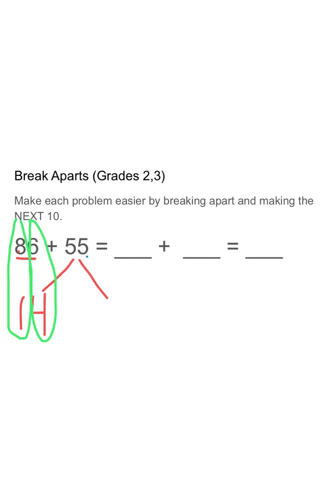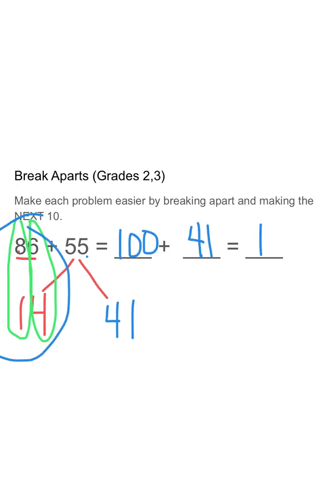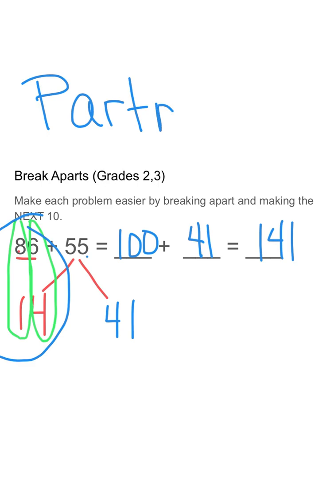So that means 55 minus 14 is 41. So we know that's 100 plus 41 equals 141. Make sure you're teaching partners to 100 to those second graders, because that will help them do a lot of math really good in their heads.